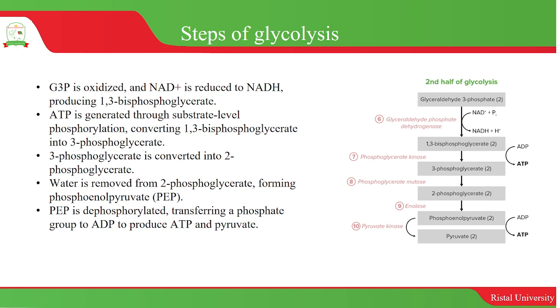The next step is the conversion of 2-phosphoglycerate into phosphoenolpyruvate with the help of the enzyme enolase. The last step is the conversion of phosphoenolpyruvate into pyruvate, and this process also gives us ATP molecules, two of them, because two molecules are involved. The enzyme involved is pyruvate kinase.